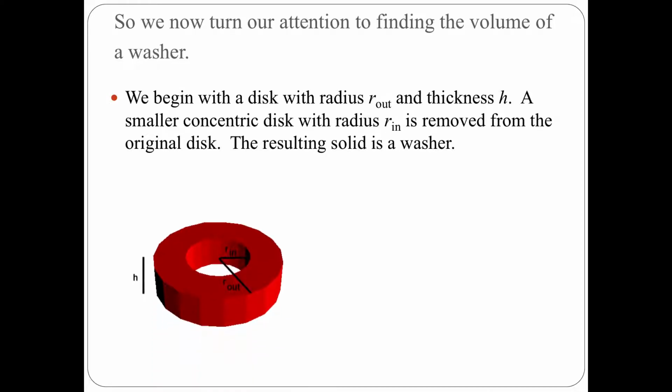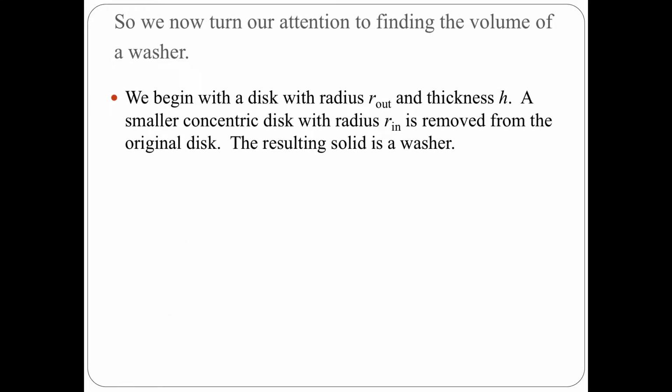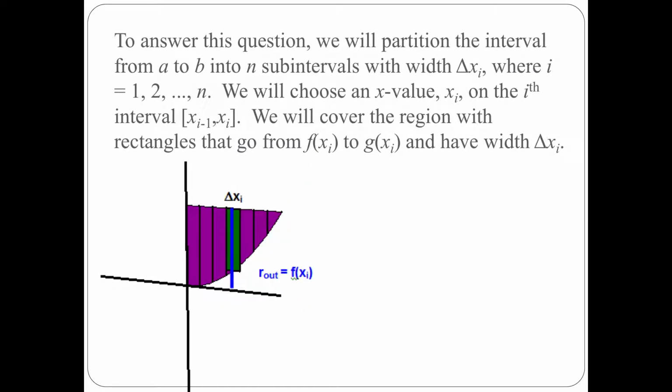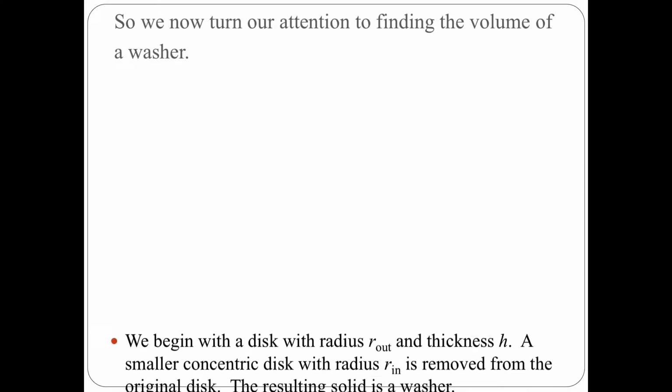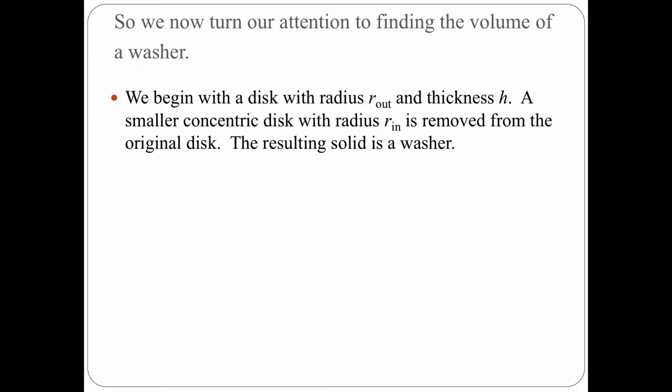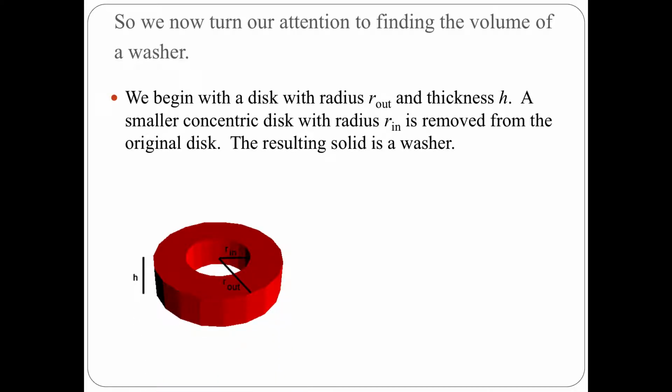Now if we have a washer, we essentially have a disc where we're cutting a hole out of the middle, right? All of these are going to be rotated around, but there's going to be a gap. Well, not all of them, not the ones by the x-axis, so we're going to have to subtract out that hole in the middle. That hole is also a disc, or a very flat cylinder.